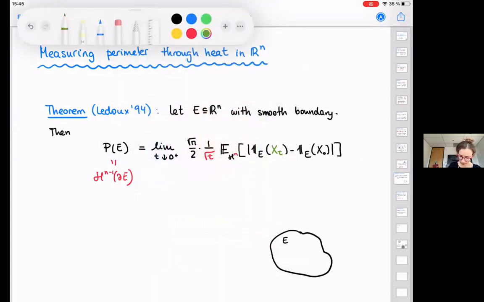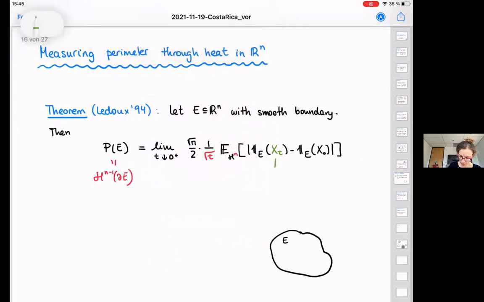So in this right-hand side, the first thing that we see is this X_t. This X_t, capital X, is denoting what's called Brownian motion. Let me write this first here: Brownian motion on, well, wherever we are, R^n.